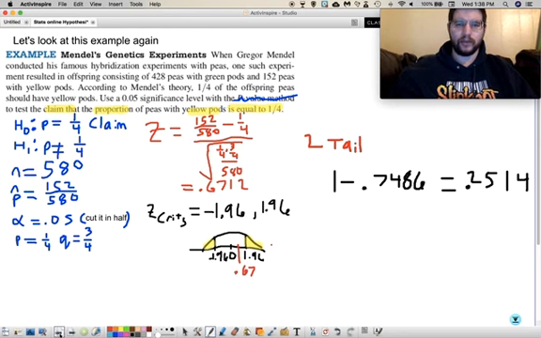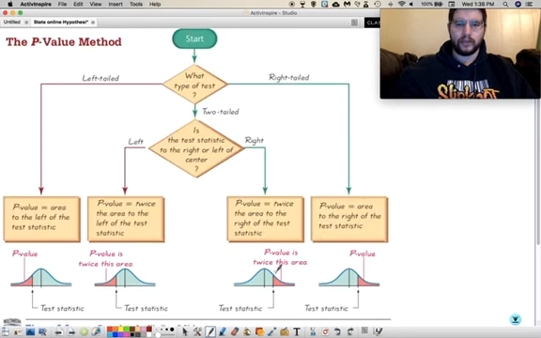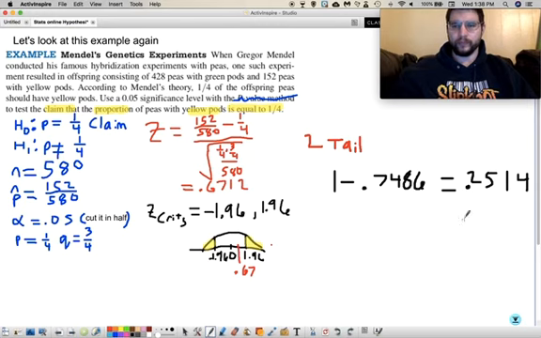Well, if I look back at that flow chart to the right, so we get the area to the right, and then it's twice that area. So we have to double it since it was a two-tail. That's going to give me 0.5028, and that would be my p-value.